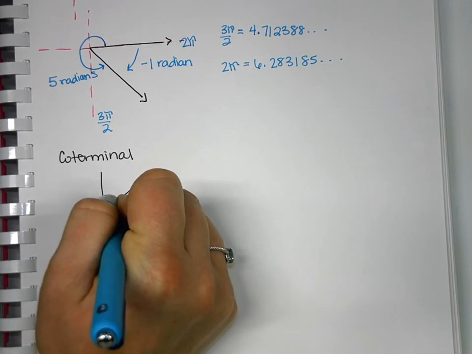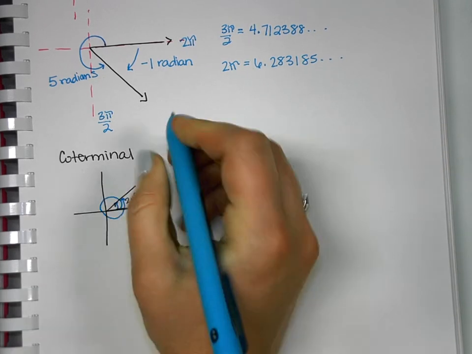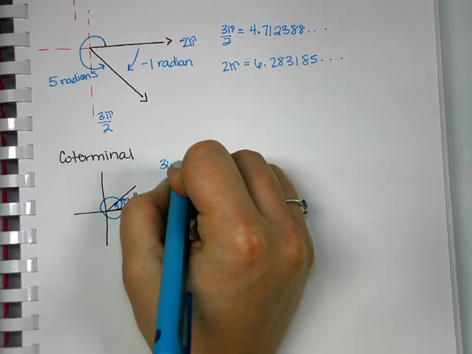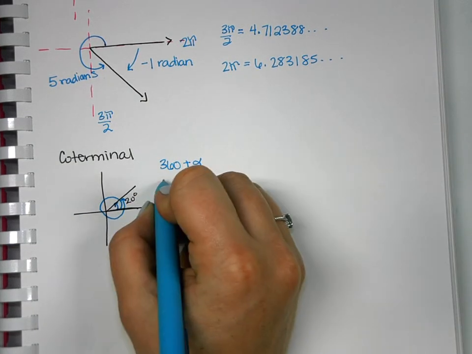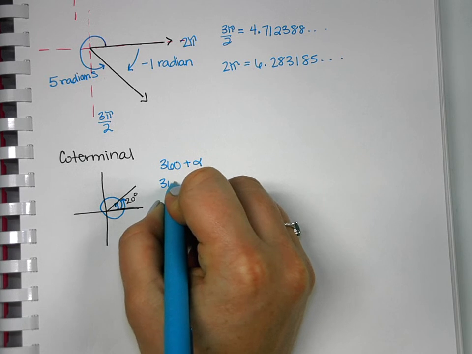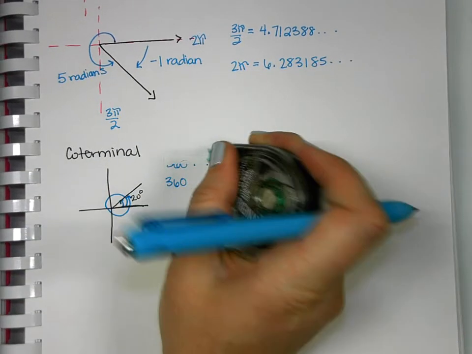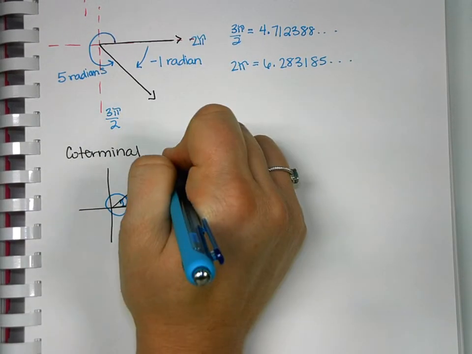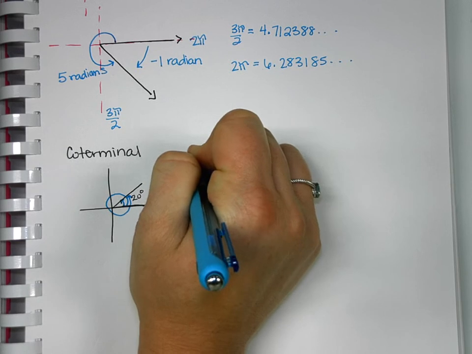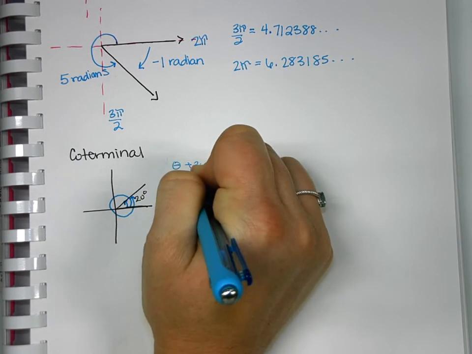The next coterminal would be all the way around and back up, so we would do 360 plus our theta or our alpha. And then we could also do, actually I have that backwards. We would take our theta or alpha and add 360 to get a coterminal, and theta minus 360 to get a coterminal.